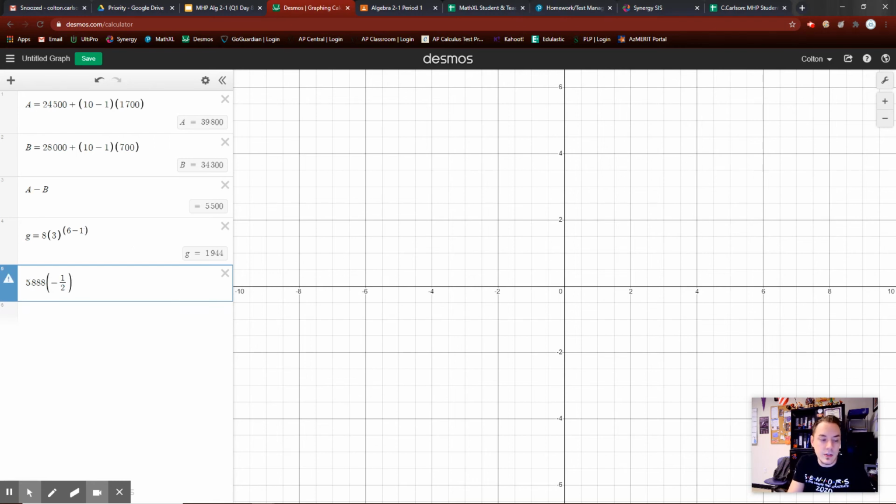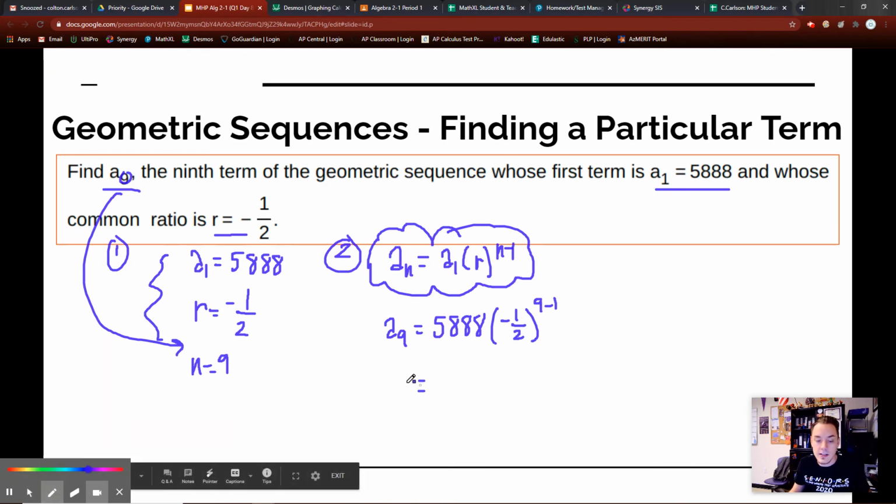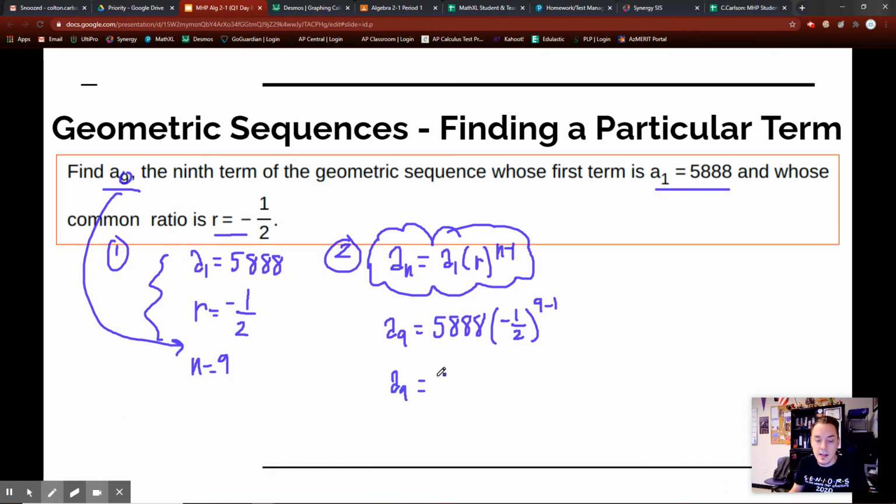And here we're going to do 9 minus 1 right here, and we get this number. Or, if you don't believe me, we can just do 8, and we still get 23 as our answer. So a sub 9 equals 23.